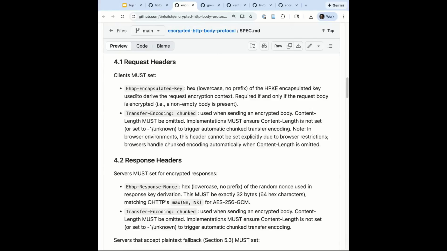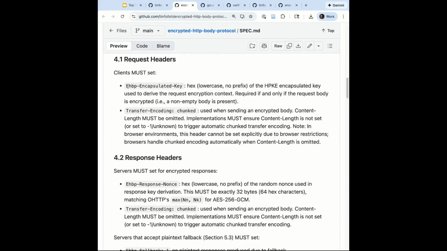So in the current version of the spec, the user sends what's called an ephemeral key, or an encapsulated key. And this is a one-time secret used to establish a channel with the enclave.